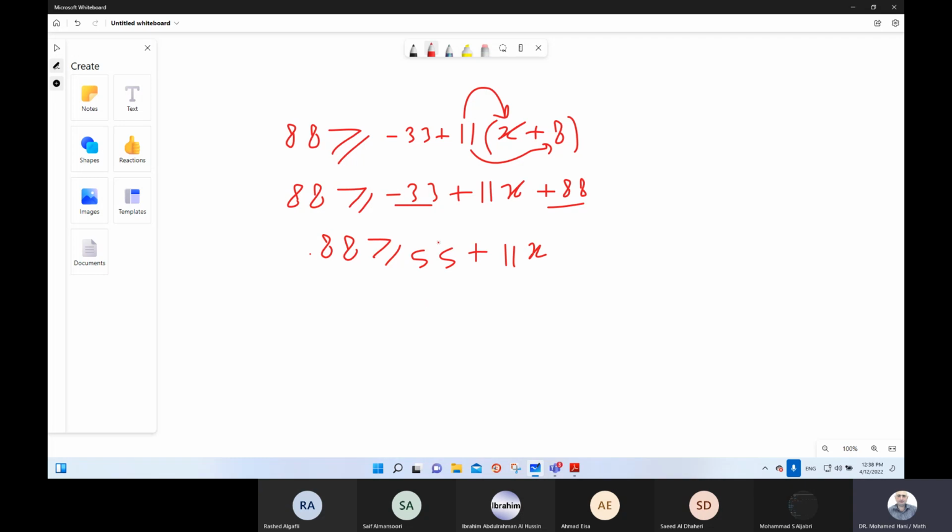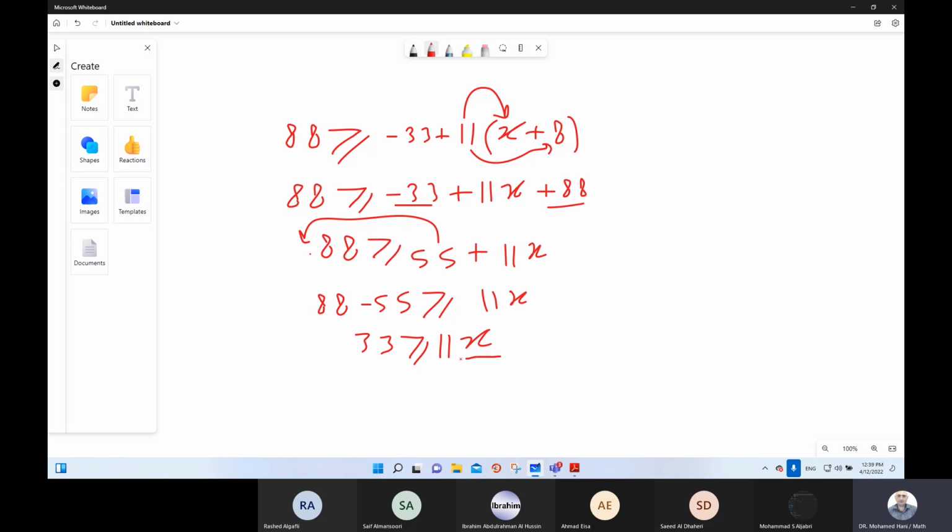Then we can move 55 to the first side. So 88 minus 55, and here 11x. Now 88 minus 55 will be 33. And here we have 11x. To solve this inequality, try to remove 11.